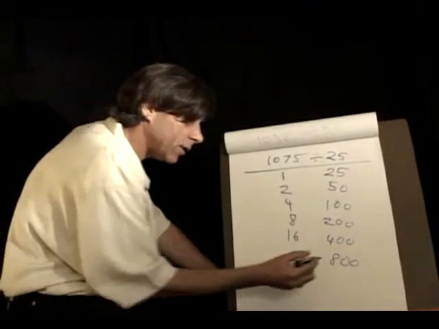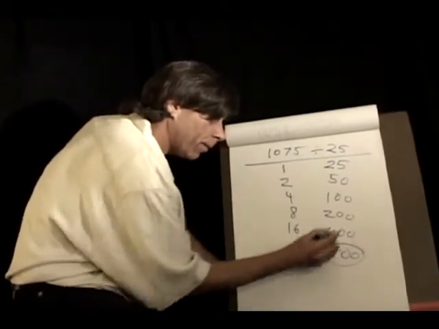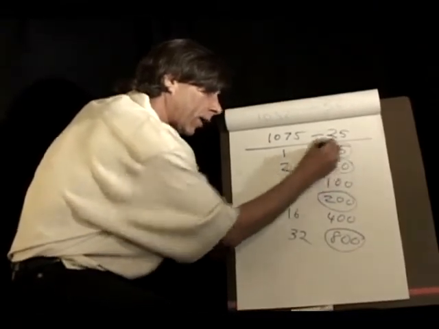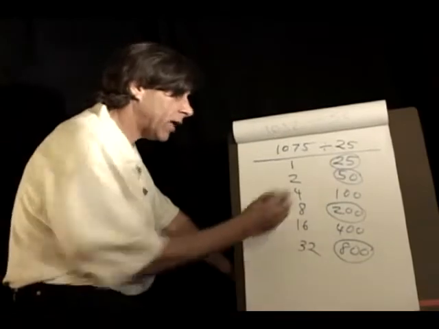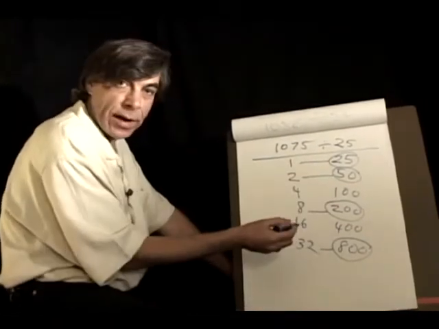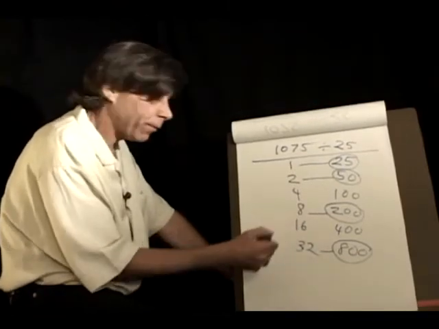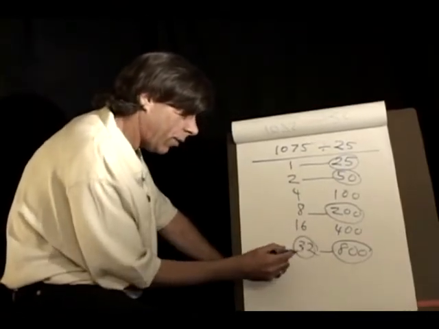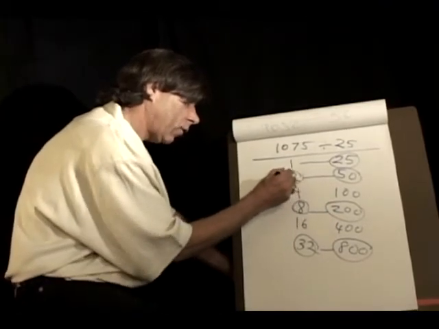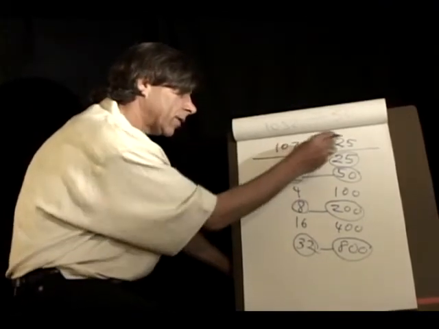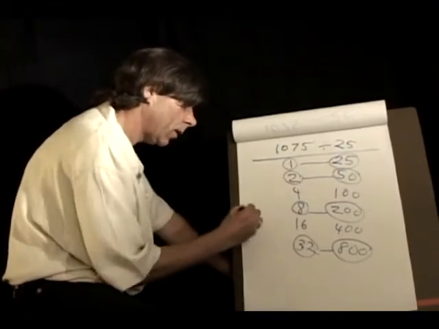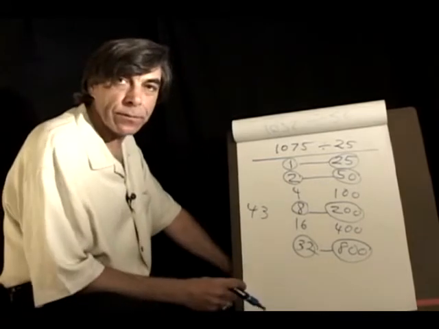And I know that 1075 is 800 plus 200 make 1000, and 50 and 25. I just have to look across at the numbers that correspond there, or in a computer there would be electrical circuit. And if I know that 32 plus 8 is 40, 42, 43. So 1,075 divided by 25 is 32 plus 8 plus 2 plus 1, 43.